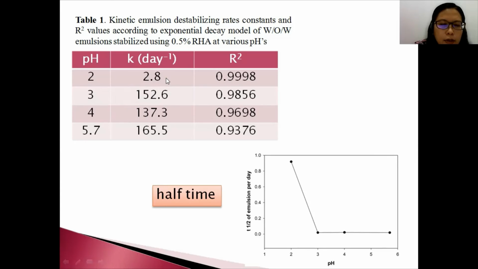So again, this confirms that at pH 2, the emulsion is quite stable. This is again confirmed by the calculation of the half-time. The half-time of the emulsion prepared at pH 2 is quite high compared to the half-time obtained for the emulsion prepared at other pH.